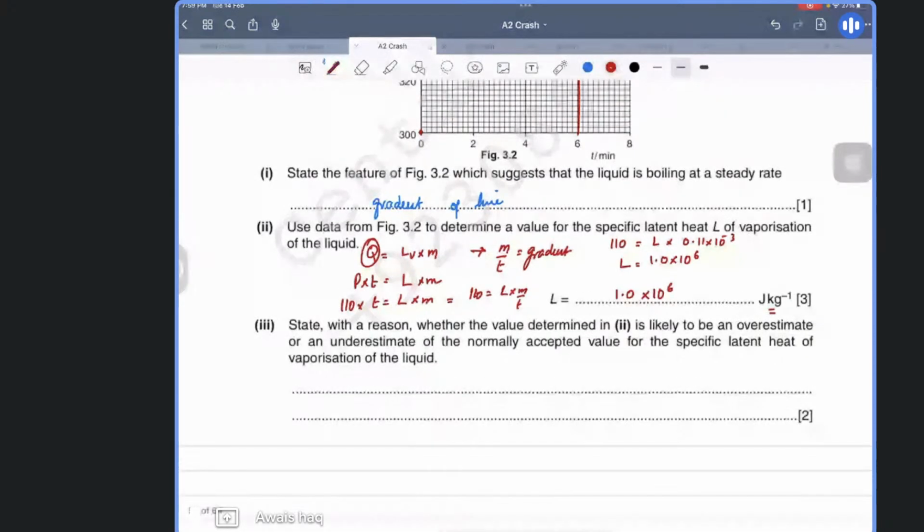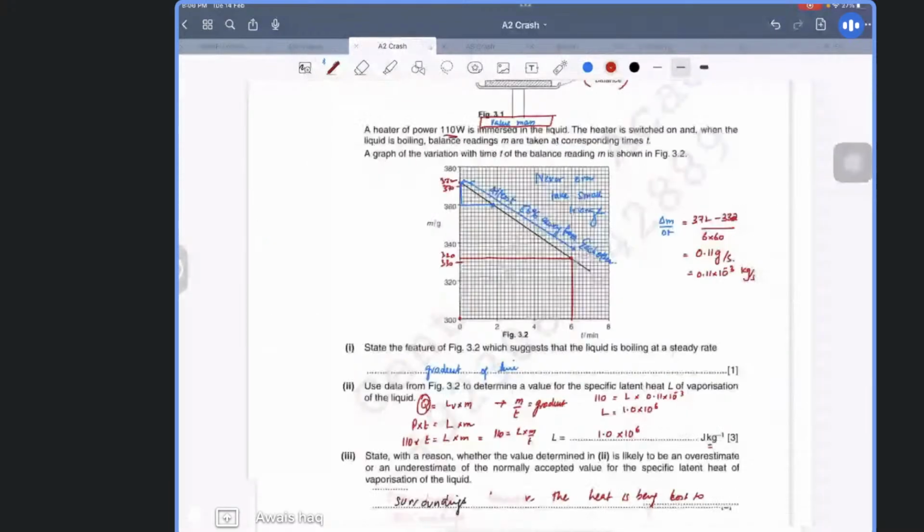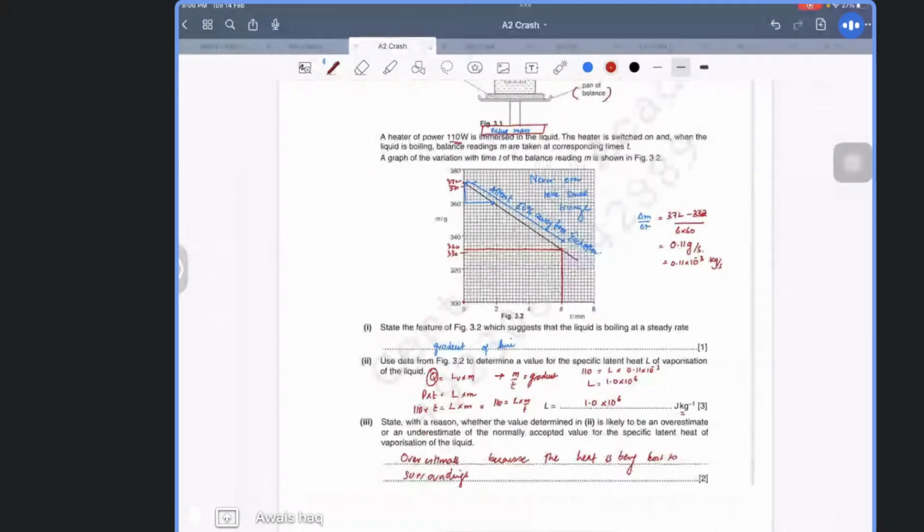It is an overestimate because the heat is being lost to surroundings. All right, so you just need to remember that. Anyway, now if you've written this, please let me know so I can go forward. We just need to do one more thing and then we're done.